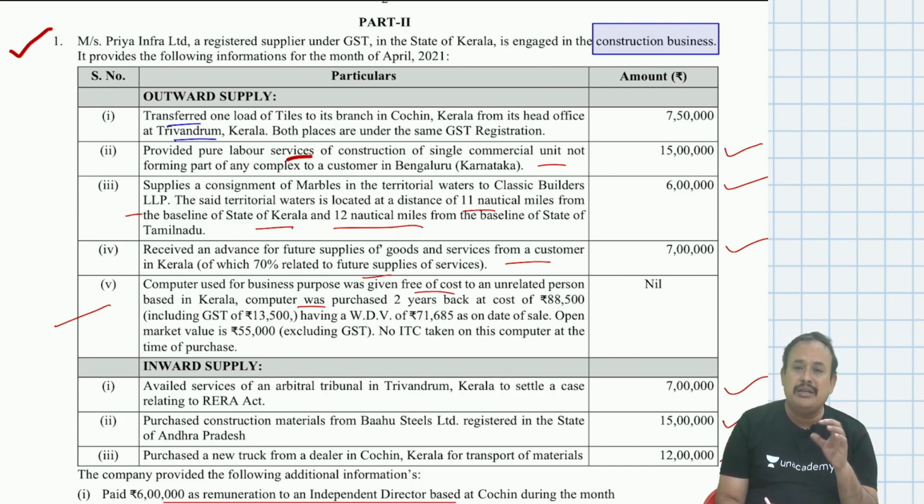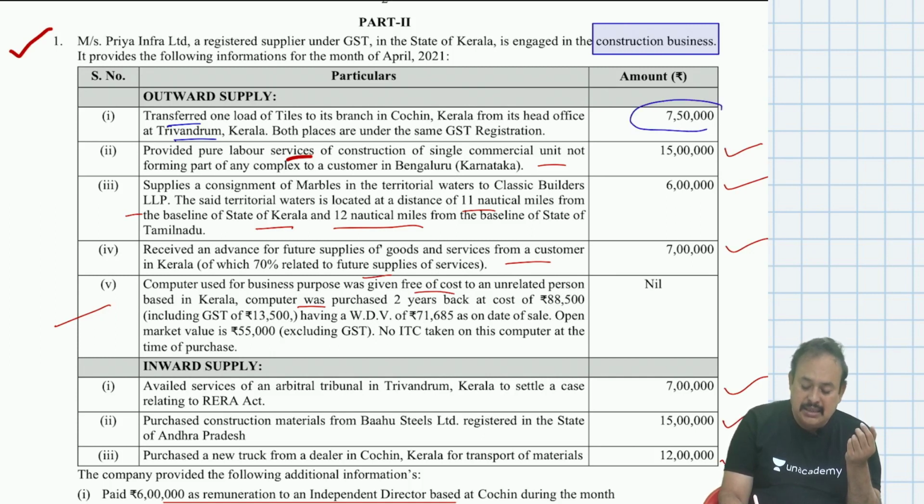Intrastate movement of goods between the head office and branch office having one registration is not a supply. Therefore, I can say that 7,50,000 is not a supply. What is not a supply?